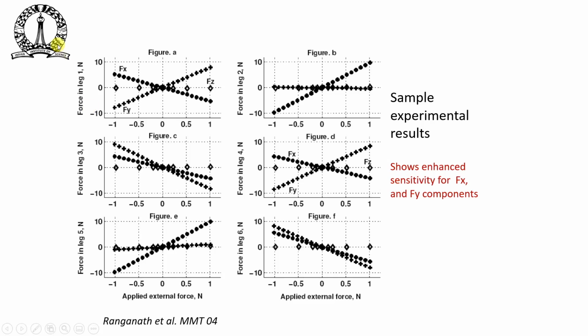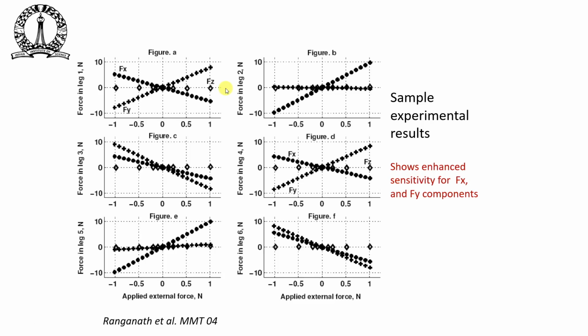What you can see here is when you apply Fx and Fy, the output in each of the legs, so this is leg 1, 2, 3, 4, 5 and 6, this is the force measured in each of the legs. It is much larger than when you apply only Z. Does that make sense?